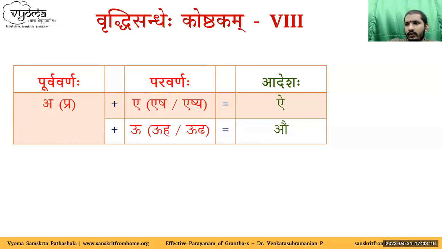In such sentences, uha refers to thinking or contemplating, so that meaning should be taken here. Here uha doesn't refer to the modification of the vah dhatu. So if that ukara, the starting letter of uha or udha, is the paravarna, then we get the adesha aukara.